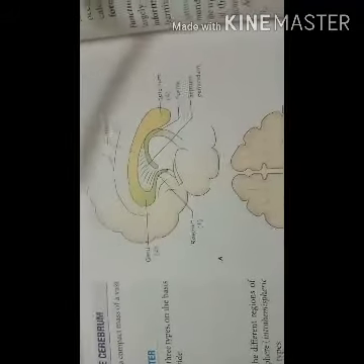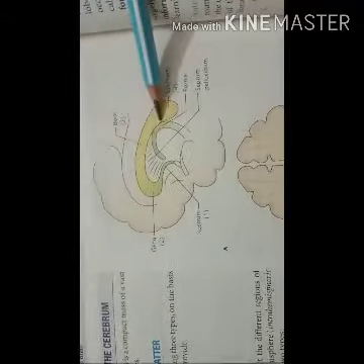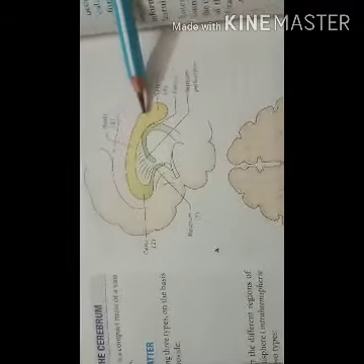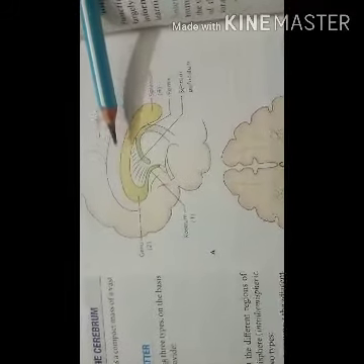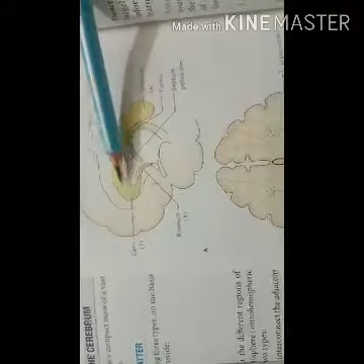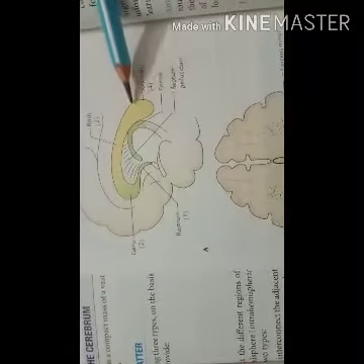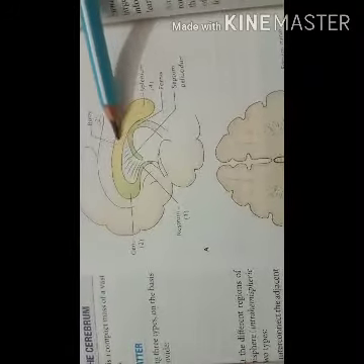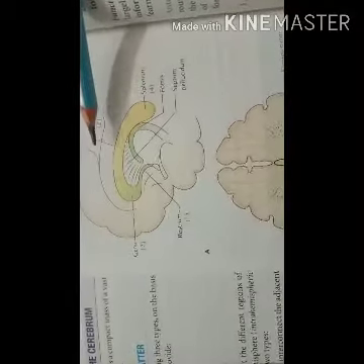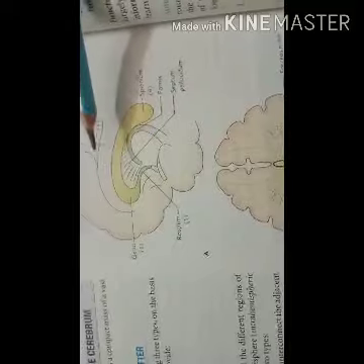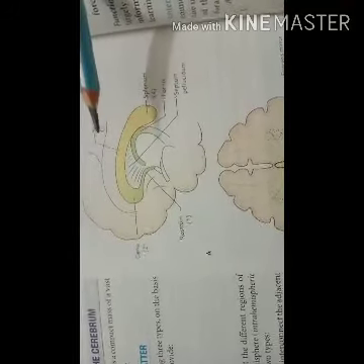Then the trunk, or the body of the corpus callosum. It is the middle part present between the genu and the splenium. The superior surface is convex and is related to the anterior cerebral arteries.